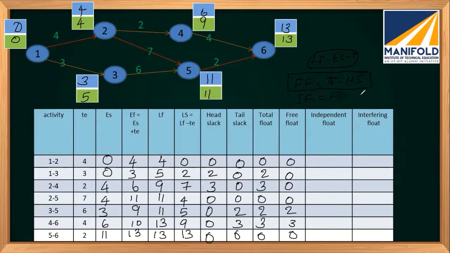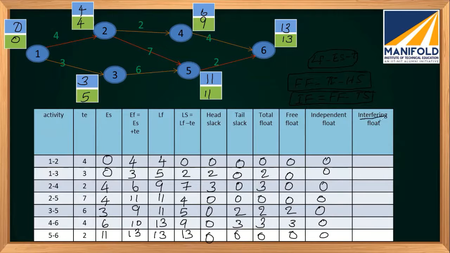Free float minus the tail slack will give you the independent float. Tail slack is only here. So it will be 0, 0, 0, 0, 2 minus 2, 0, 3 minus 3, 0, and 0. So this is the independent float.